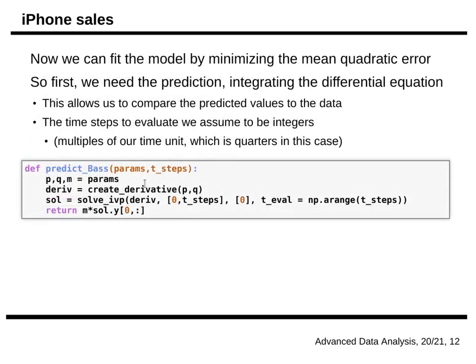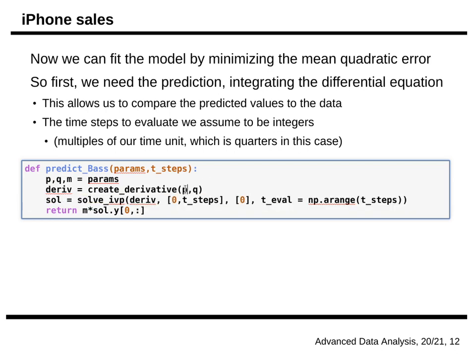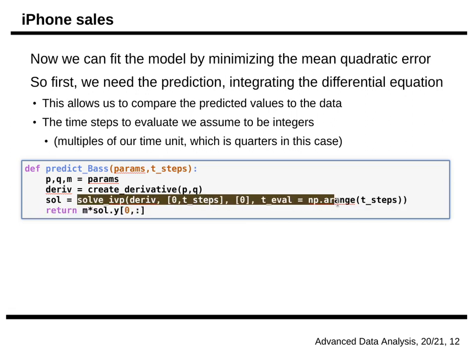Okay. So the prediction, the way this works is we get these parameters, we unpack them here, we create the derivative function using the P and Q, and we solve the initial value problem. So if we use this P and this Q value, we have this integration of our differential equation.